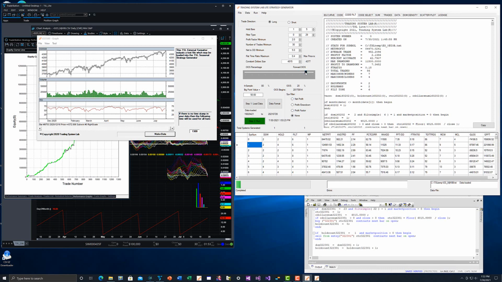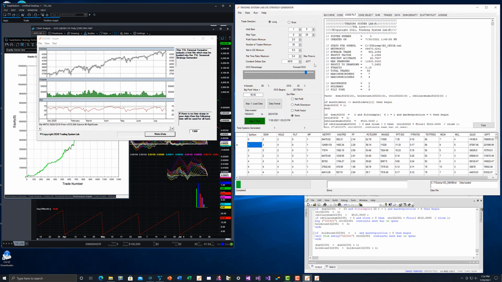We can vary the in-sample and out-of-sample here. We can also turn on or off constant dollars located here. And I show the maximum price of the time series. And we add a small portion of that to the constant dollars number. Remember that to produce the number of shares or contracts that are traded, we divide the price of the underlying into the constant dollars number.